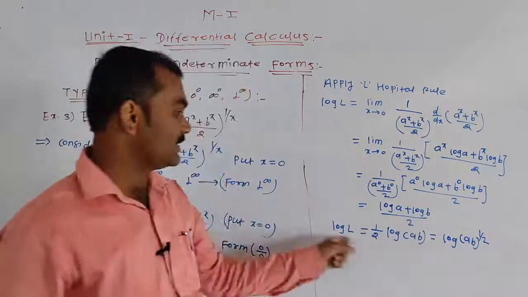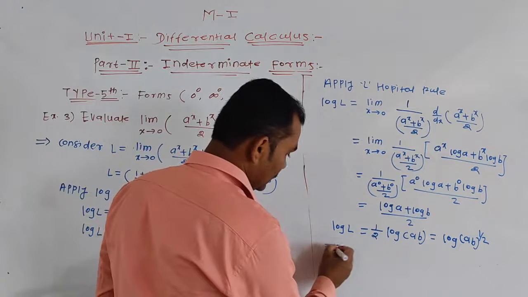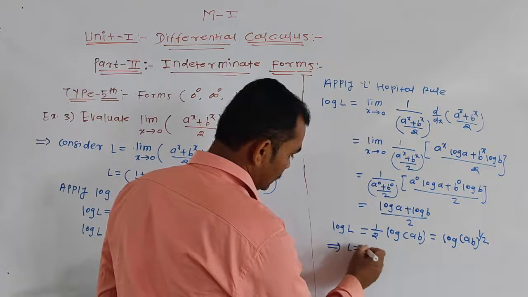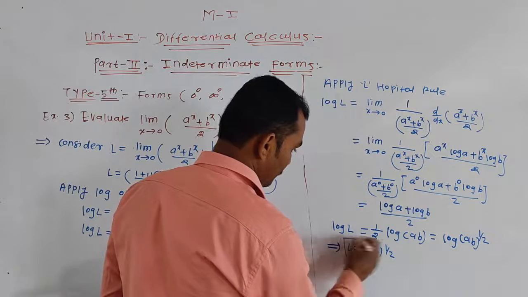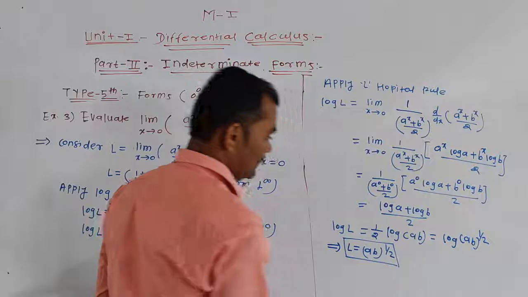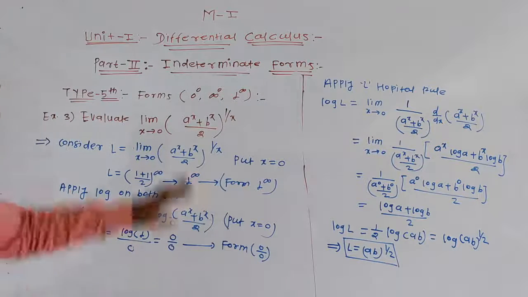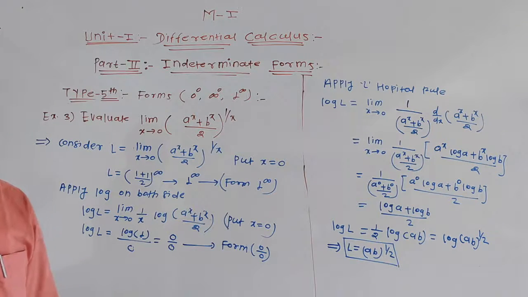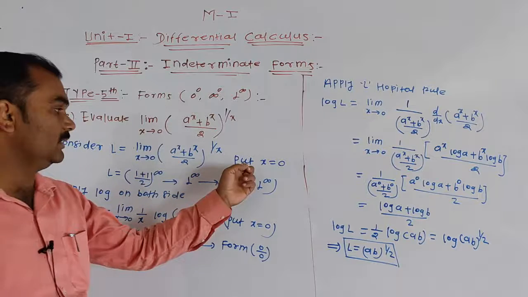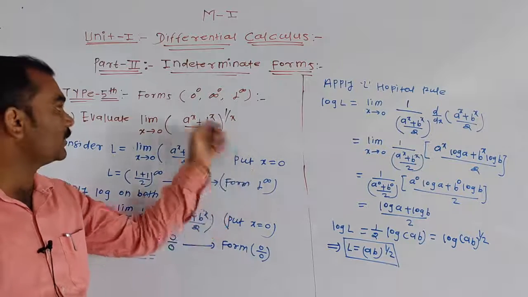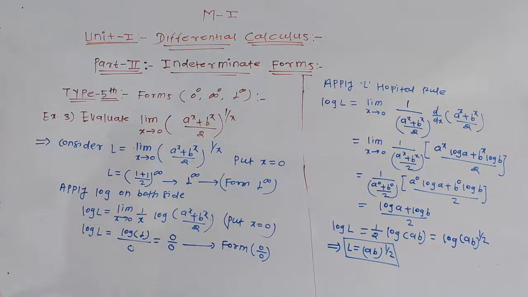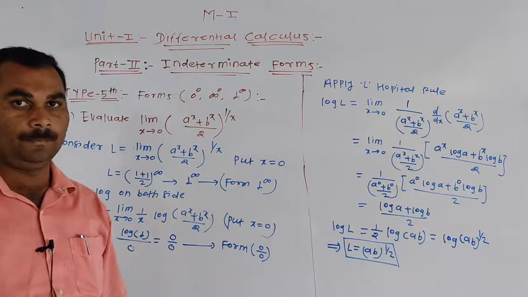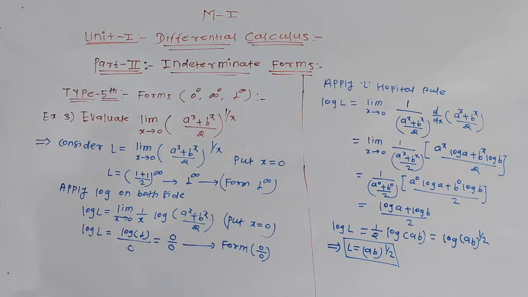Cancel log on both sides, and we get L equals ab raised to 1/2. This is your answer. The method and procedure are the same: if you put the direct limit and the question goes to this form, first apply log on both sides, then solve. Now I will give 2-3 more examples for homework.